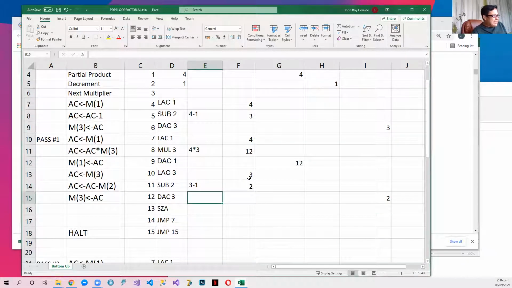And then we say SZA, skip on 0 accumulator. Do you follow? Which means that if the accumulator is 0, we will skip 14, we will go to 15, and 15 is our halt. So strange, no? Skip will only skip 1, but it will already allow us to do some looping.